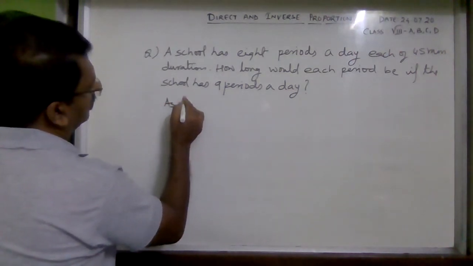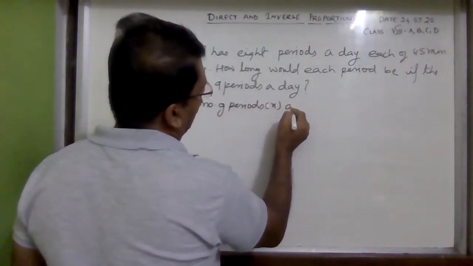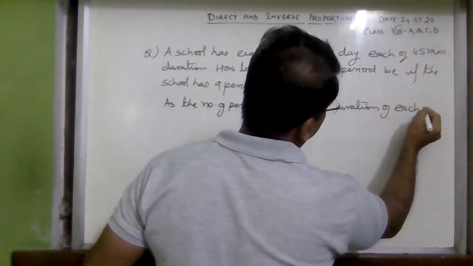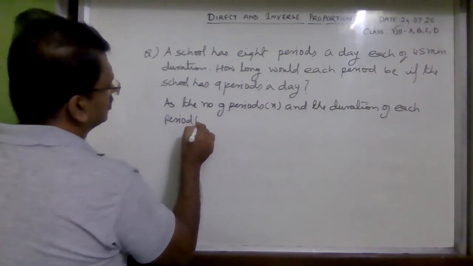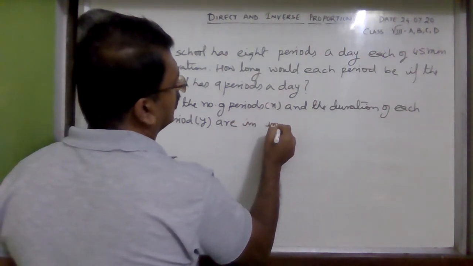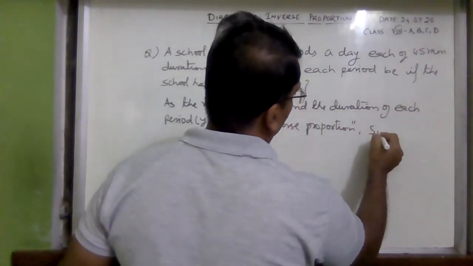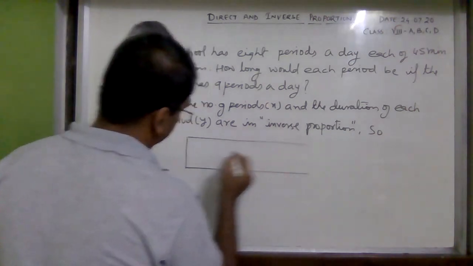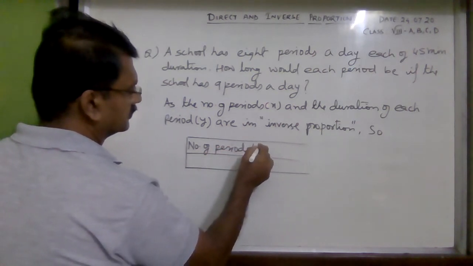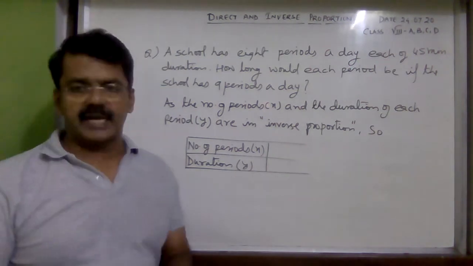As the number of periods and the duration of each period are in inverse proportion, so to make a table, number of periods x and duration y.